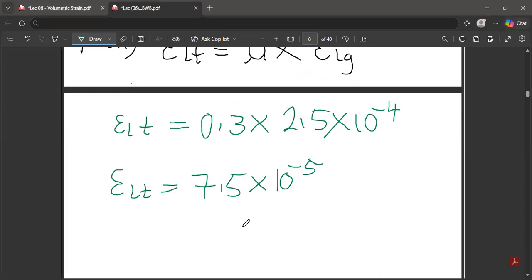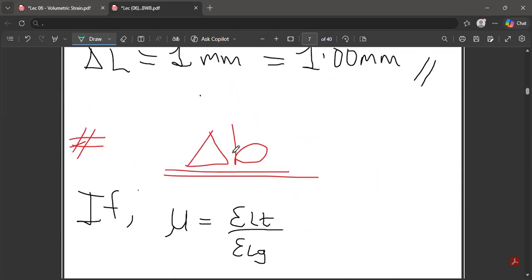Take note that we are not done. We are actually looking for the change in breadth too, so that is why we brought this formula.